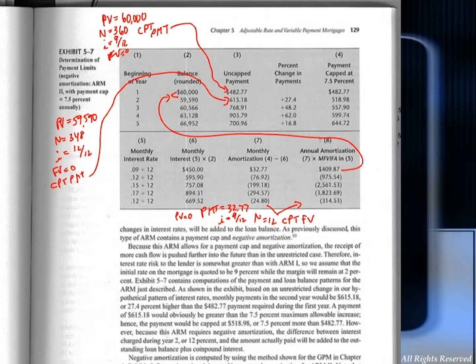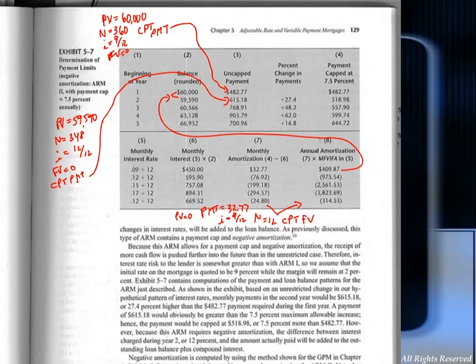Okay. The next year, it's actually a negative amount, because we find out that the interest is $595.90, but the capped payment, if you look in column 4, you take the $482.77 and you increase it by 7.5%, it can only go to $518.98.